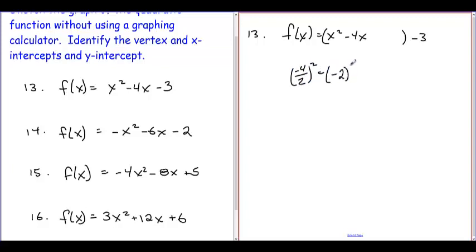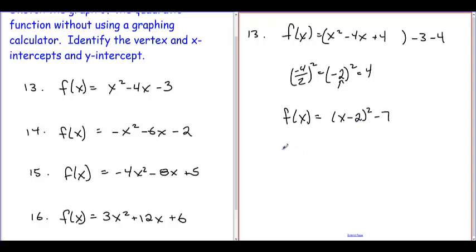That's negative 2 squared, which is 4. So you add 4. As a consequence, we subtract 4. And then you make this into a complete square. Use this number, negative 2, so it's going to be x minus 2 squared minus 7.